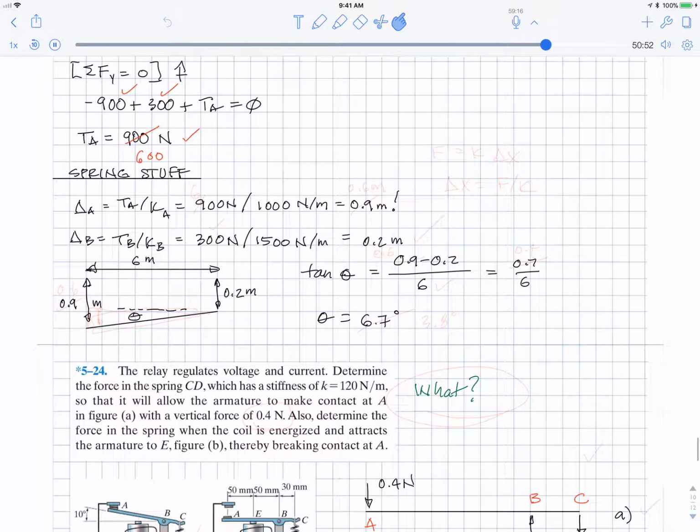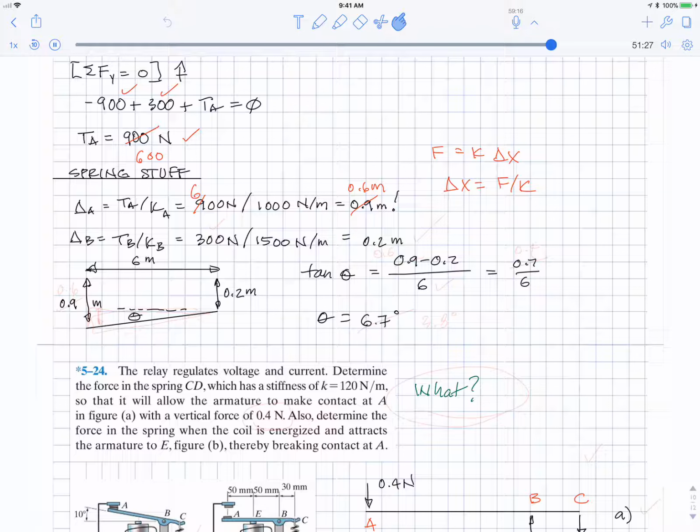Okay, now the spring stuff. We know that F equals k delta x, which means the amount the spring stretches, delta x, equals F divided by k. We have 900 newtons at, oh, I messed that up. It's 600 newtons at A, divided by 1,000, so that's 0.6 meters.